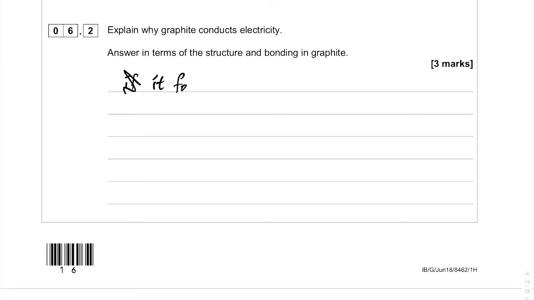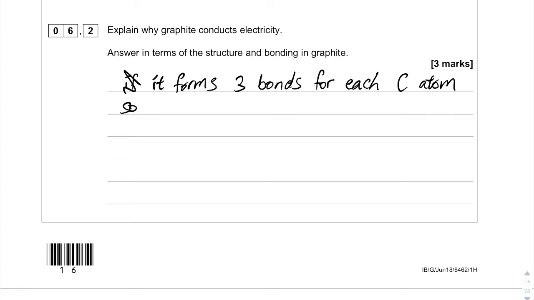It forms 3 bonds for each carbon atom, which means there is 1 electron that can be delocalized.